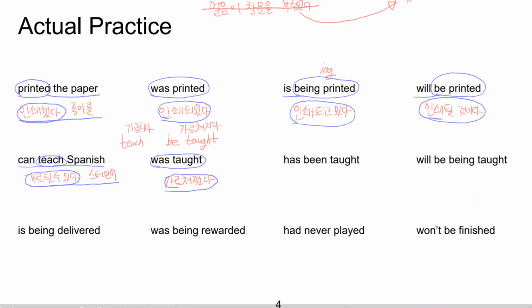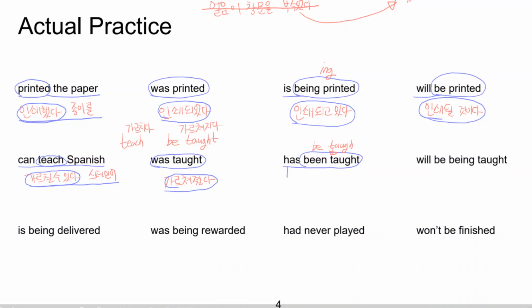Okay, let's move on. We have been taught. Now we have has PP tense, right? But in here we have be taught. Do you see it? Right?